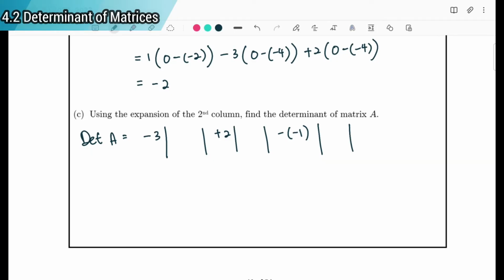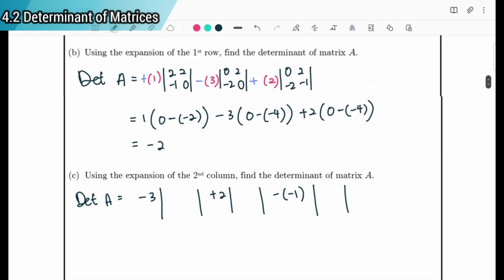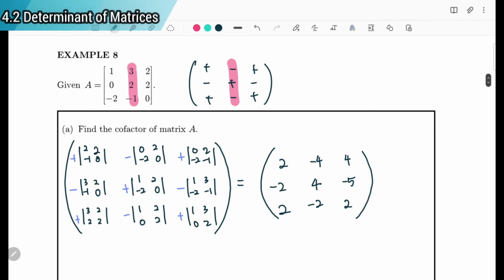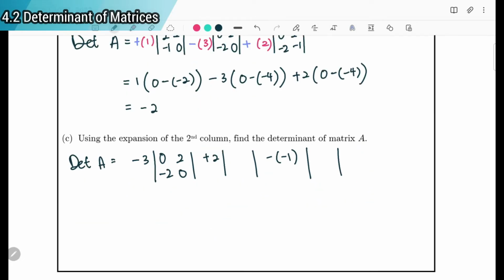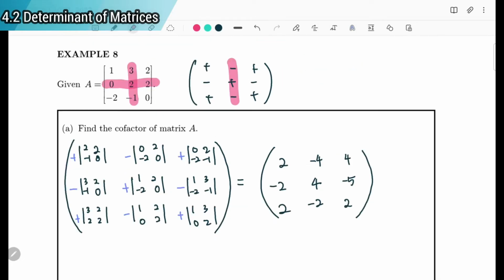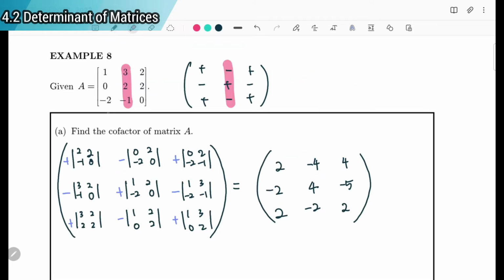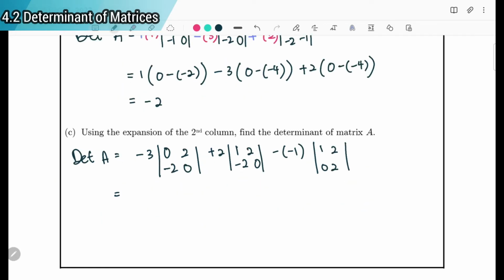And for the submatrices, start from here. We have 0, 2, negative 2, 0. Okay. And then 1, 2, negative 2, 0. Then lastly, 1, 2, 0, 2.